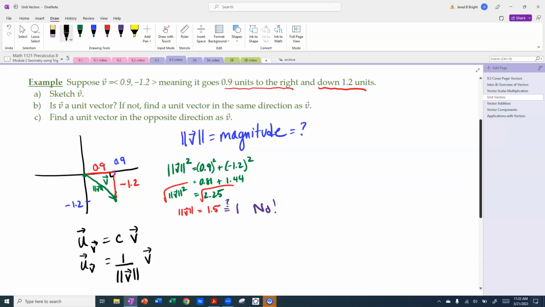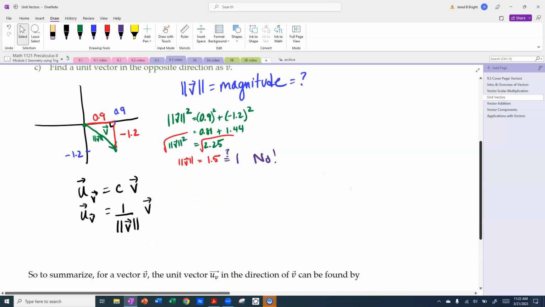And then if I wanted to find a unit vector in the opposite direction, how do I make sure that it's in the opposite direction? I'm going to just say u of v, and then to communicate the opposite direction, I would just do a minus, right? I change the sign in front and that will change the direction.